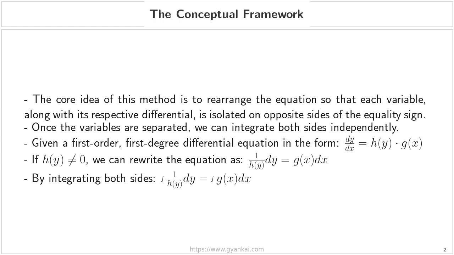Now, the next logical step is to apply integration to both sides. We write this as the integral of 1 over h of y with respect to y equals the integral of g of x with respect to x.